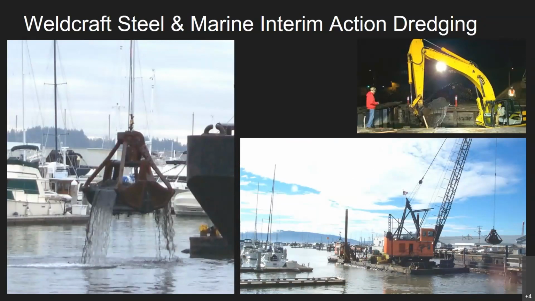Also another straightforward removal. In this case, they were doing dredging on the site. They removed about 6,800 cubic yards of contaminated soil, and it was done in conjunction with some development that they were doing on this site. So Weldcraft Steel and Marine is ultimately still continuing along that cleanup process that we've been describing. But they did an early cleanup.